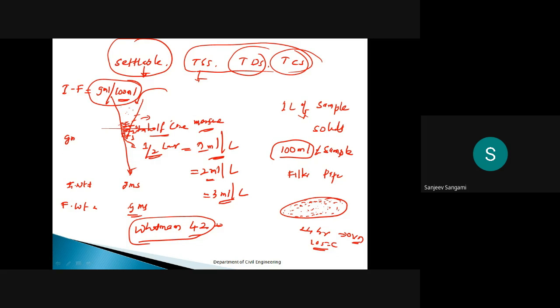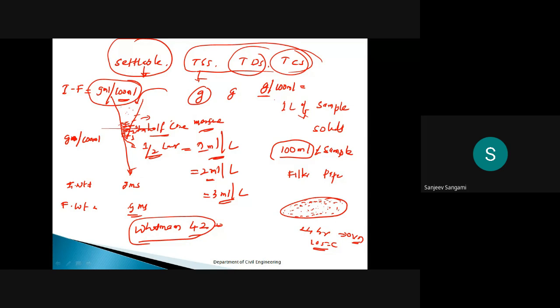So it is gram per 100 ml of sample. Grams is usually designated by G, not GMs and all those things. Remember that, always write only G. In 100 ml, that much grams of total suspended solids will be there.